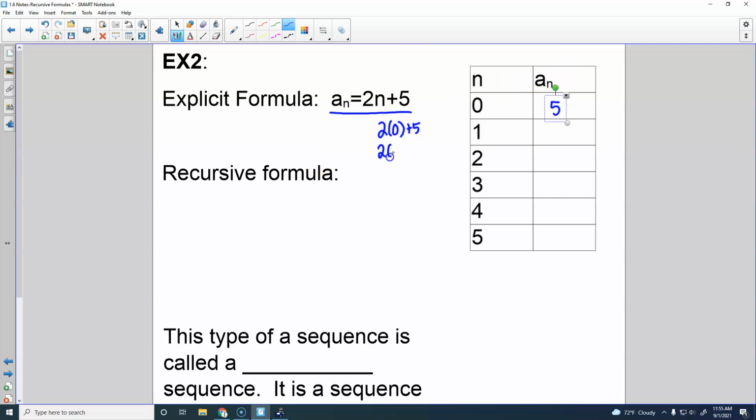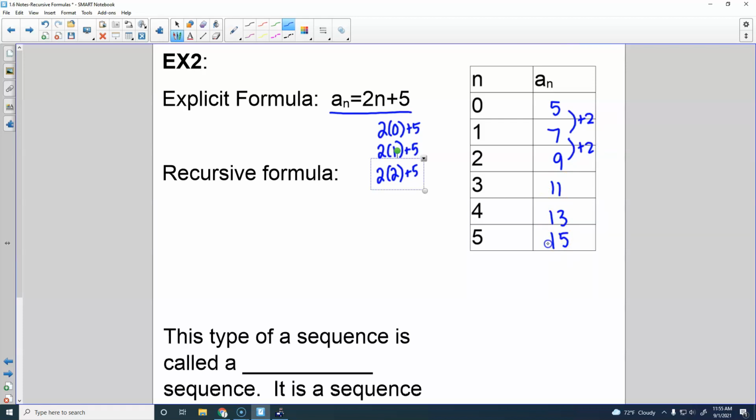If I do 2 times 1 plus 5, it's going to be 7. If I do 2 times 2, which is 4, plus 5, that gives me 9. What's the pattern here? What's happening each time? We're adding 2. So we'd have 11, 13, 15.